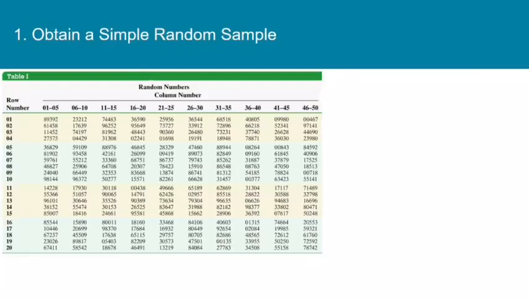And now here's the way the table is arranged. These are the random numbers, and the table is labeled by rows and by columns. And just for ease of readability, the columns are grouped into 5 columns per group. So they're labeled up here, column 1 through 5, column 6 through 10, 11 through 15, and so on.